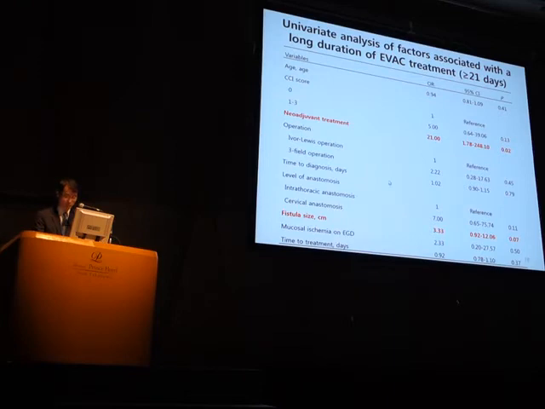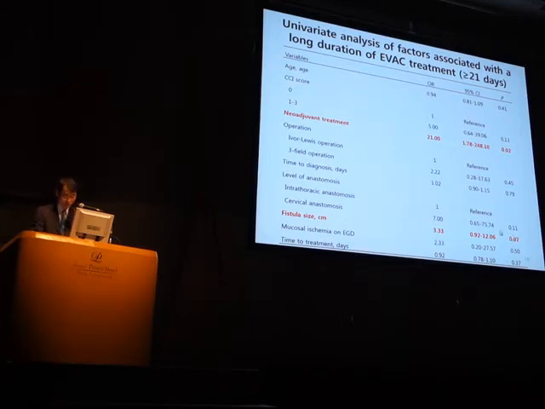As you can see here, longer endoscopic vacuum treatment was required in patients who received neoadjuvant treatment. In addition, the size of the opening of the cavity was also associated with the long treatment duration with minor statistical significance.